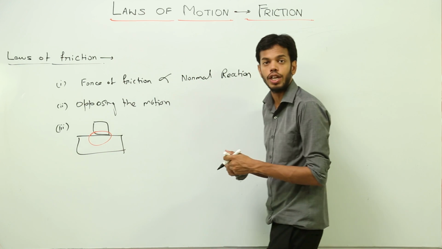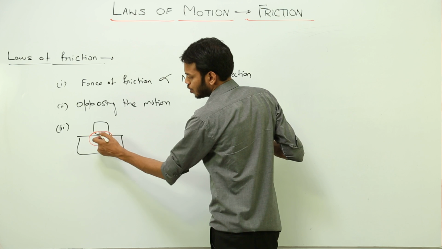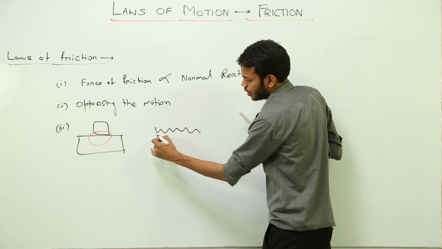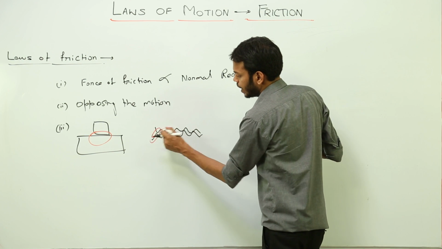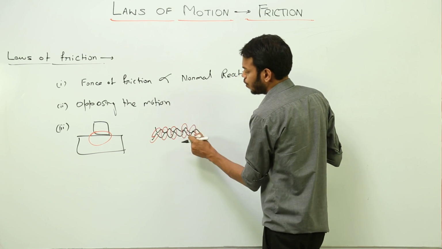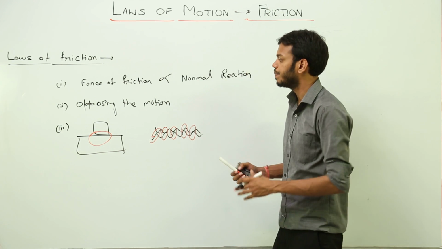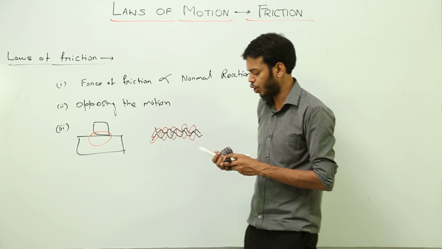And what is the actual area of contact? The actual area of contact depends upon the irregularities in the surface, because at the point of joining of these two bodies, there will be some points of actual contact where forces are formed, due to which the frictional force exists, right? So the force of friction is independent of apparent area of contact.